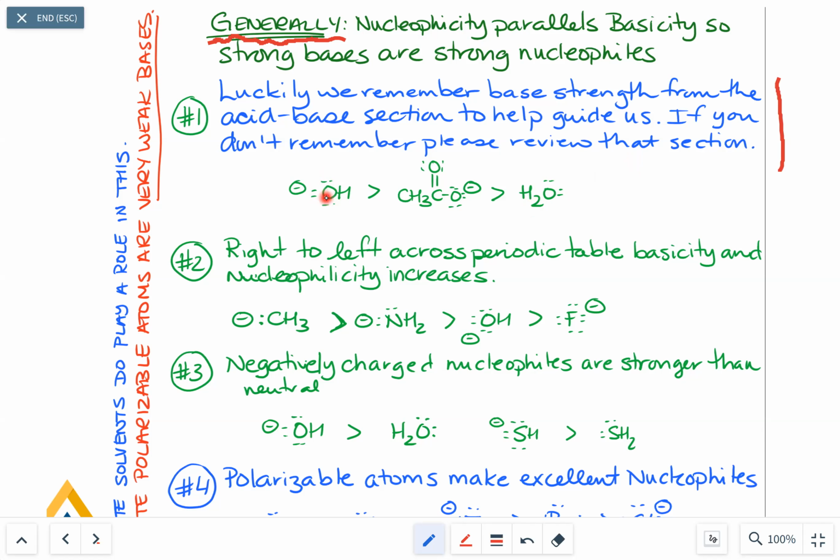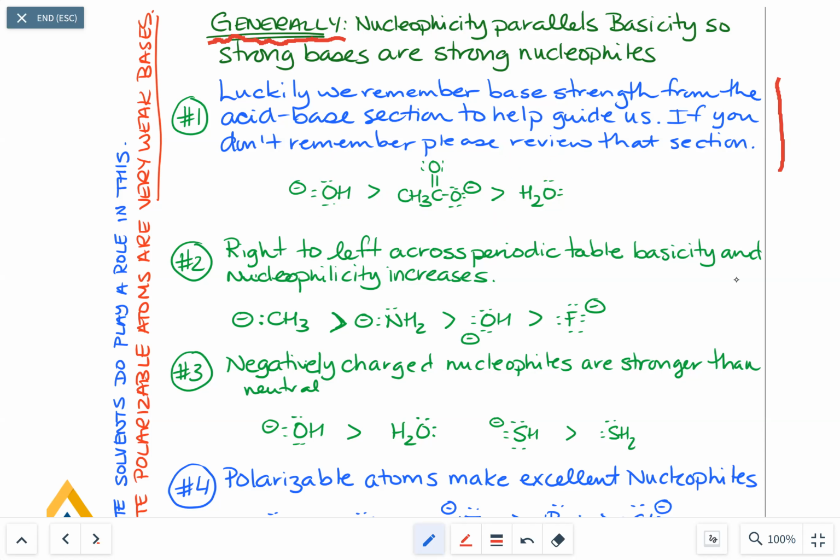So whenever you've got an atom which has got a formal charge of minus compared to its protonated form, the conjugate acid of it, the base is going to be a stronger base than the conjugate acid, right? That's just one of those sort of things. So we basically did all of this when we were doing our acid-base stuff.